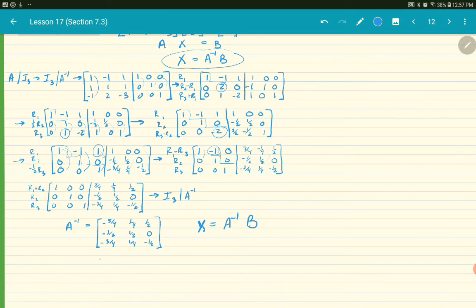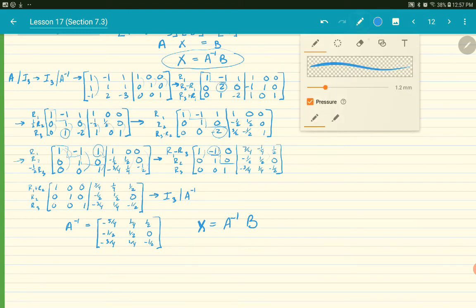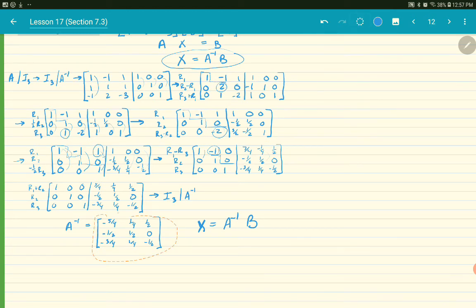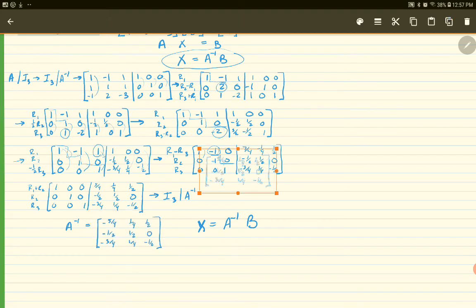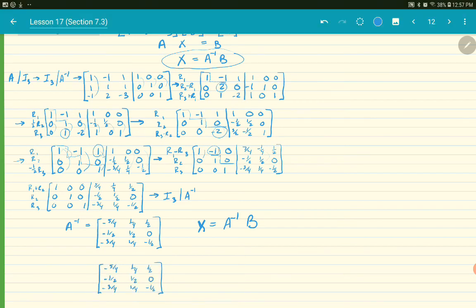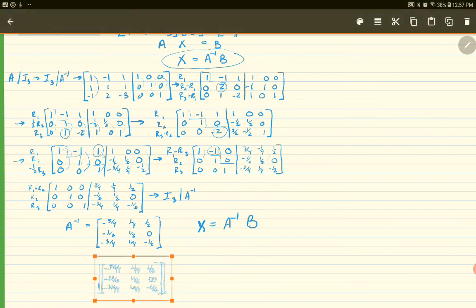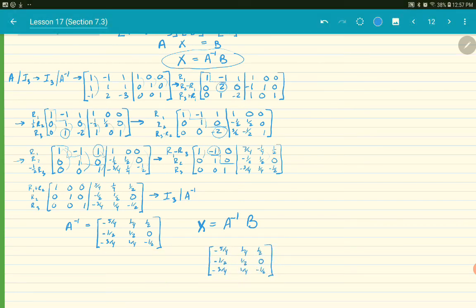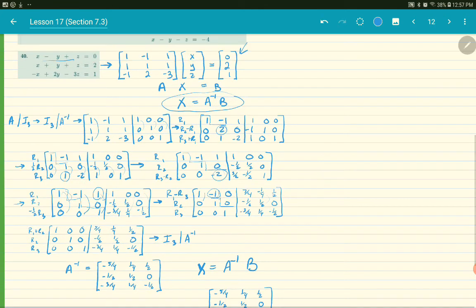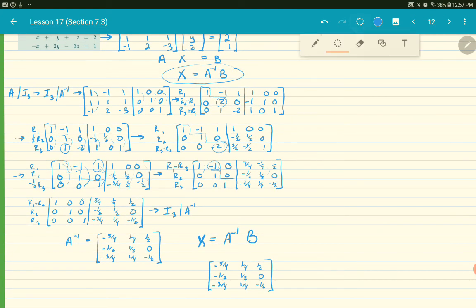So I'm just going to copy A inverse down and multiply it by b, which was 0, 2, 1. That will give me the variable matrix x, y, z.